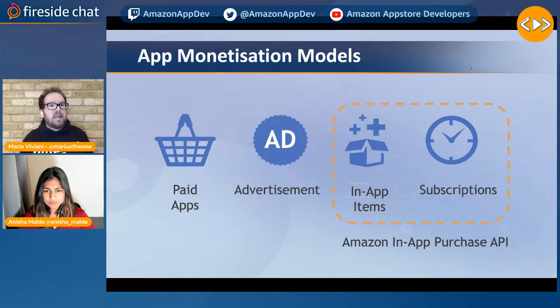So another model came in afterwards, which is by all means still very much used, which is advertisement. Advertisement offers developers the opportunity to offer the content mostly for free, and then to monetize just through sheer volume. Of course, one of the challenges with advertisement is that it is volume related.